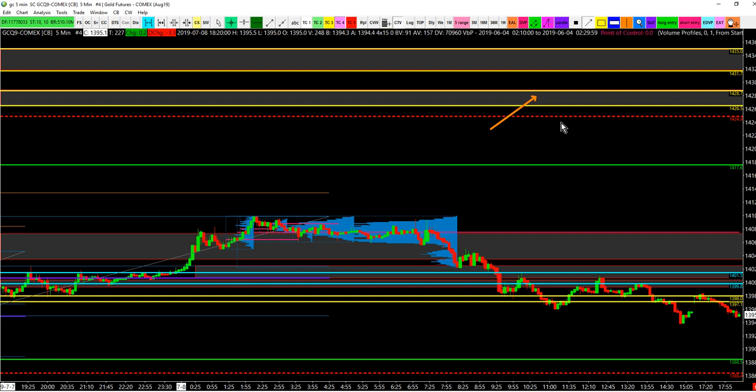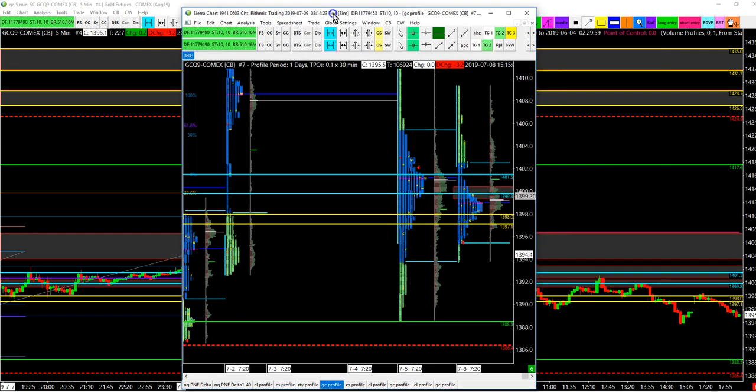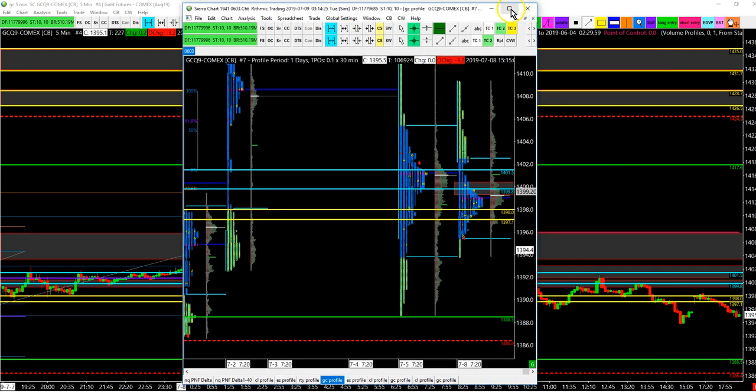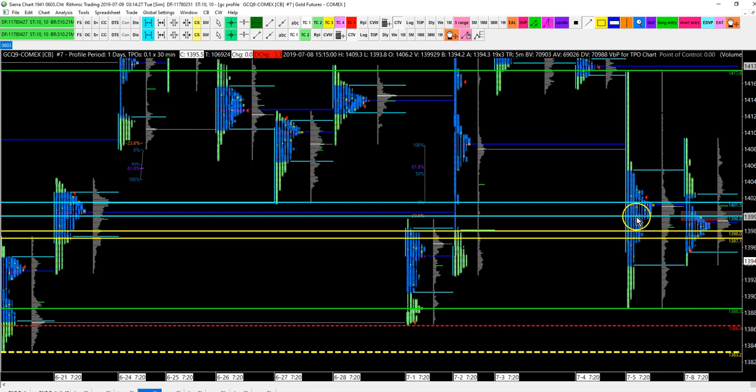In addition, all charts begin with some version of TPO profile and volume profile. I use both.